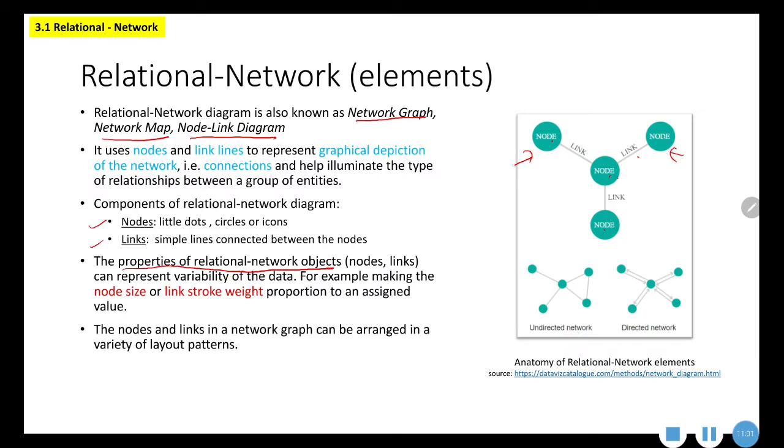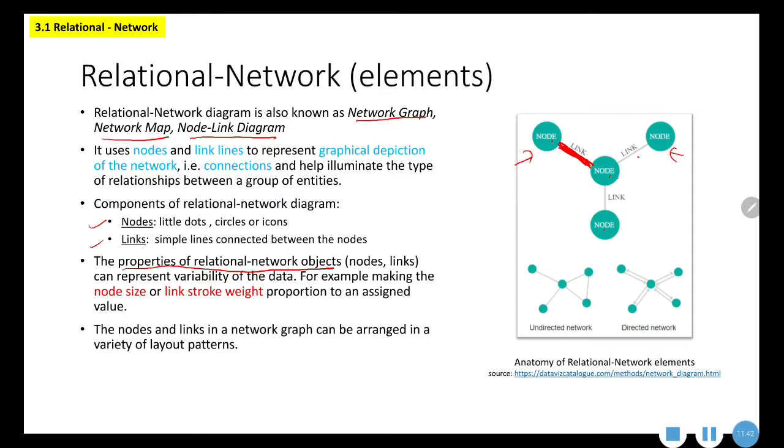So the properties of a relational network diagram, which we are talking about the objects, can represent the variability of the data. For example, we can change the size of the node and the link stroke weight, meaning that you can put a larger line, so you can expand. So it shows some intensity, some proportion to the value of that particular object.